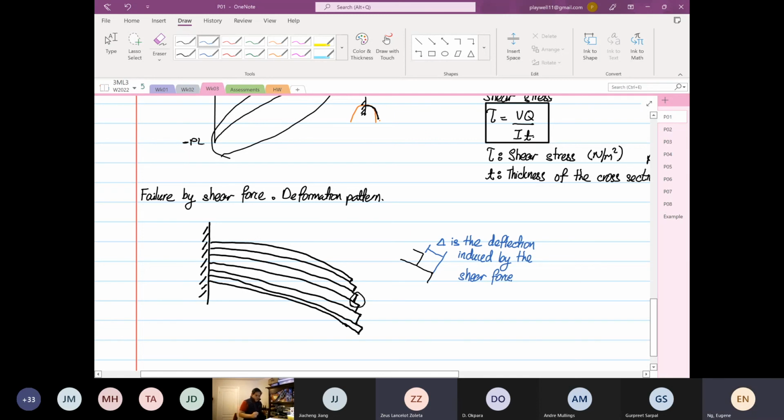If we look at this distance over here, in a different color, we call this A. That distance A, its magnitude, did not change before and after deformation.